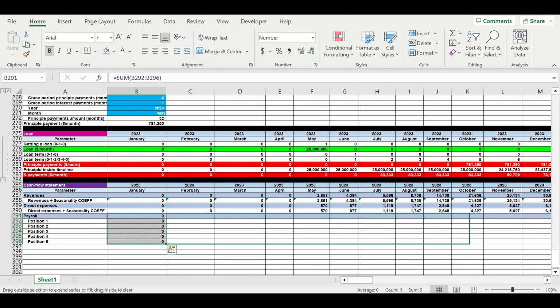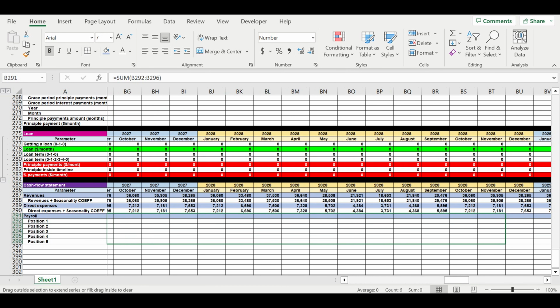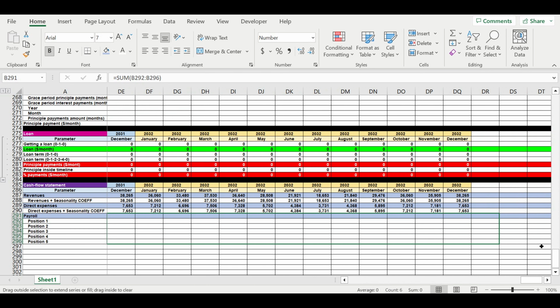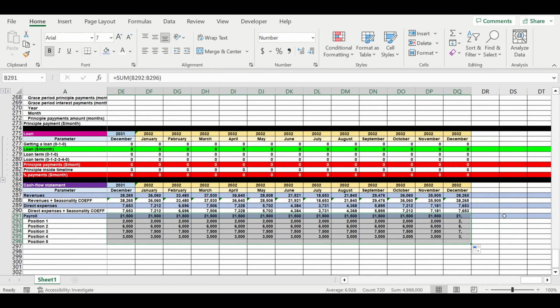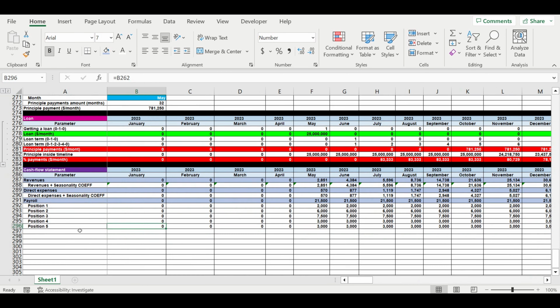Now we'll extrapolate this formula to the right. Then we are going to add fixed expenses.